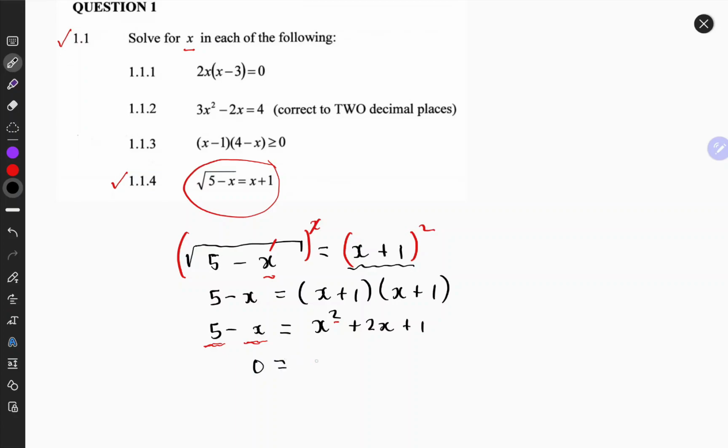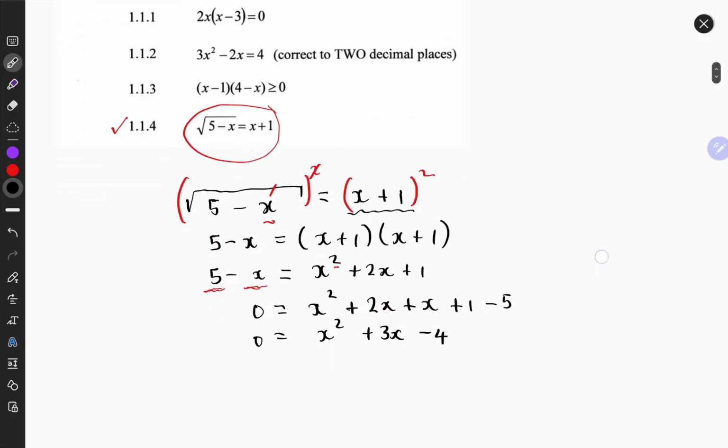So essentially it would be 0 equals x squared plus 2x plus x plus 1 minus 5, and simplifying that, adding like terms, should give us the following. 0 is equal to x squared plus 3x minus 4, and if we are to factorize this, 0 should be equal to (x negative 4)(x plus 1).